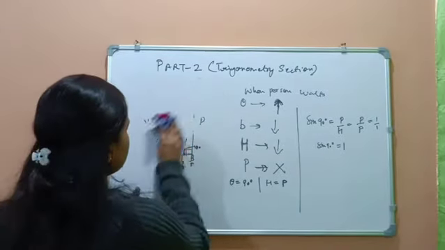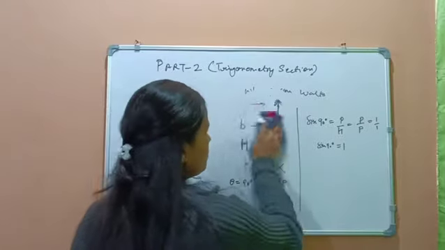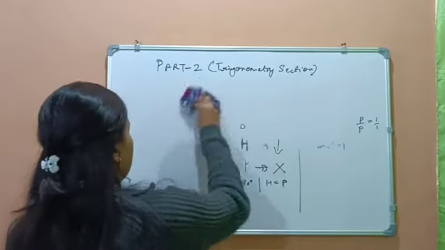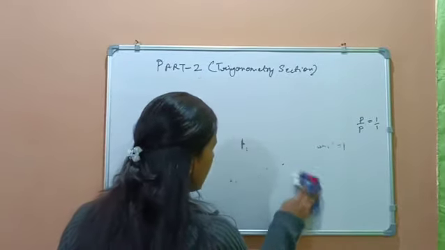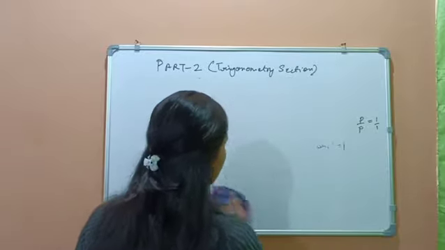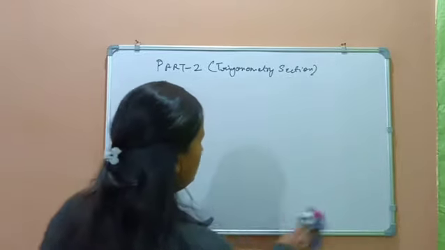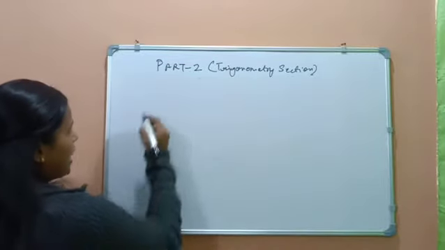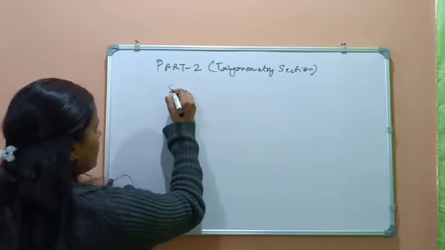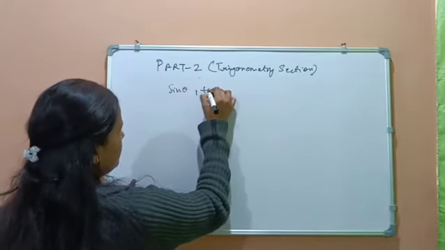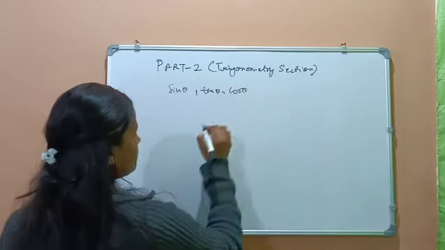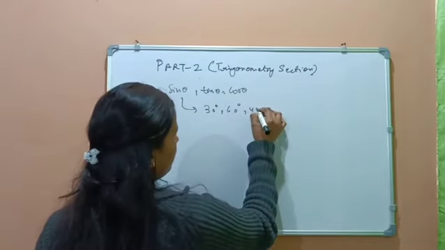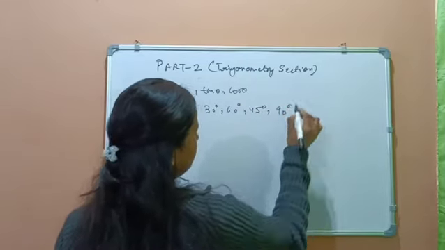For 9th and 10th standard, you don't need to prove how these ratios come. But for your basic knowledge and for your intelligence, so that if someone asks you why it's so, you must be able to answer that. Okay? Now, I have taught you the sine theta, tan theta, and cos theta for angles 30 degree, 60 degree, 45 degree, and 90 degree.